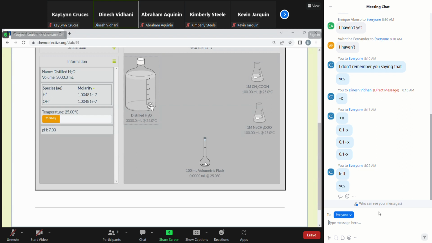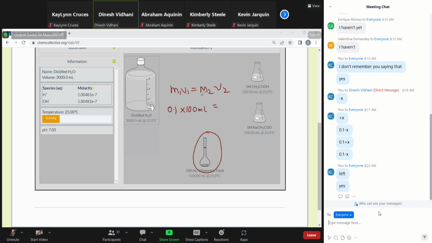Now here, you will be using the same formula, M1V1 equals M2V2. You know the concentration of acetic acid in this flask. You already know that. You know how much you want to have. So I know that I want to prepare 0.1 molar solution, and the total volume should be 100 ml.